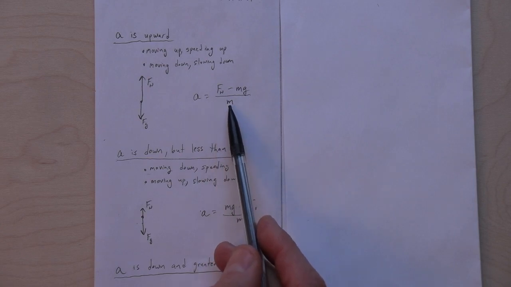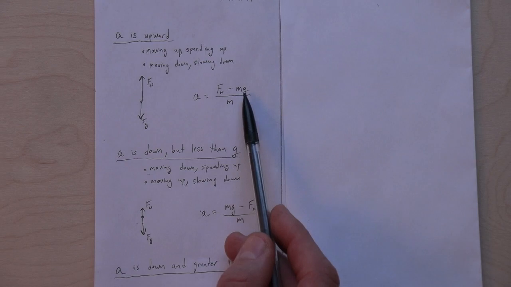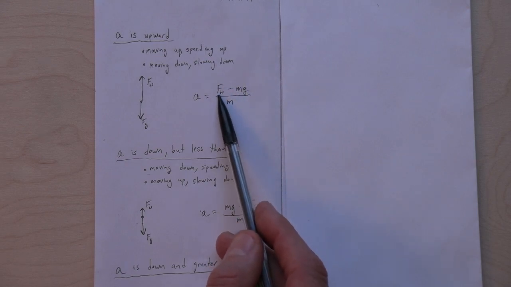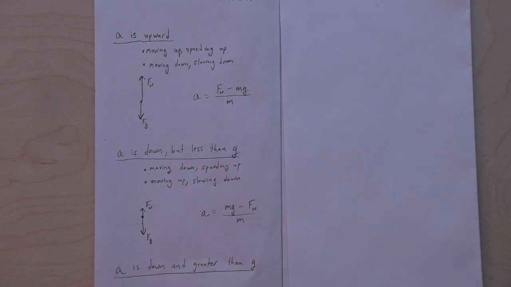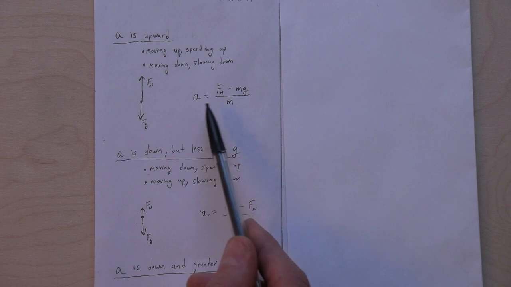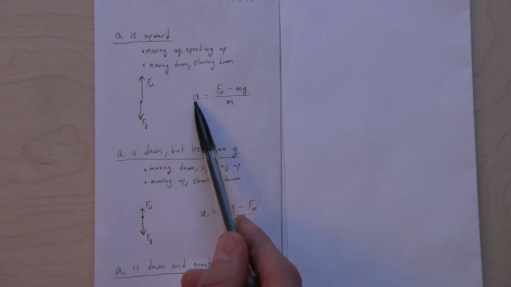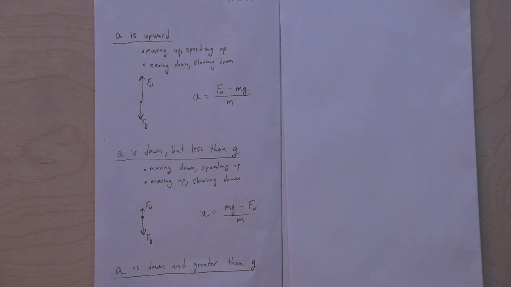They tell you a person is 100 kilograms, so their weight's about 1,000, and they experience 1,200 newtons of upward force. 1,200 minus 1,000 over 100 kilograms gives you the acceleration. Or they say a 100 kilogram person is accelerating up at 2. What's the normal force? That's pretty straightforward in terms of solving, not as difficult as some of the other Newton's law problems.